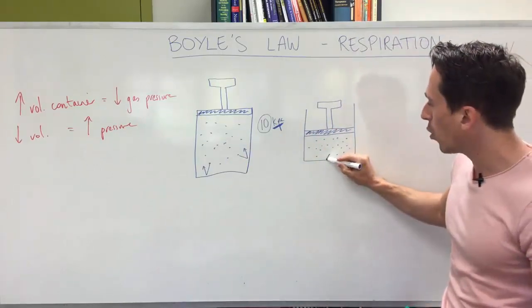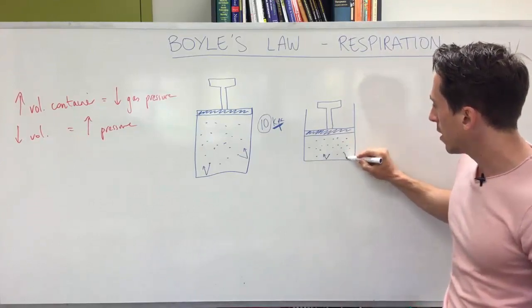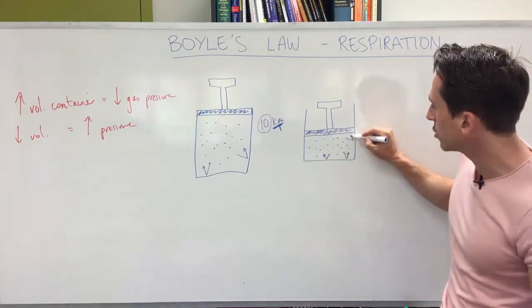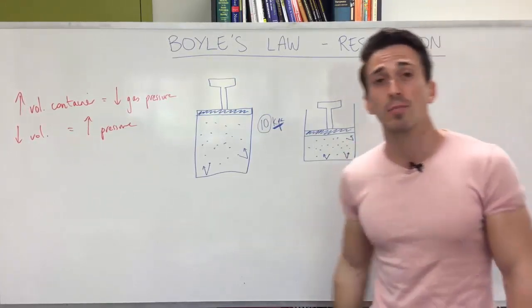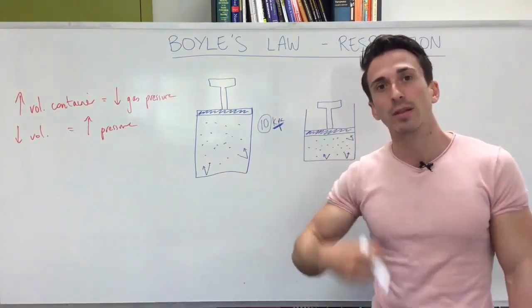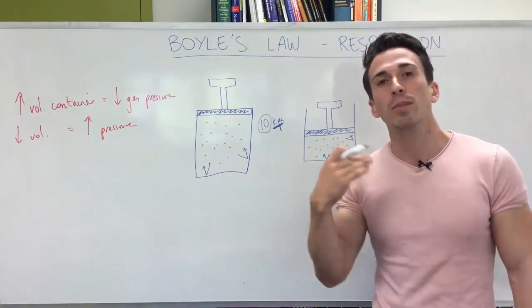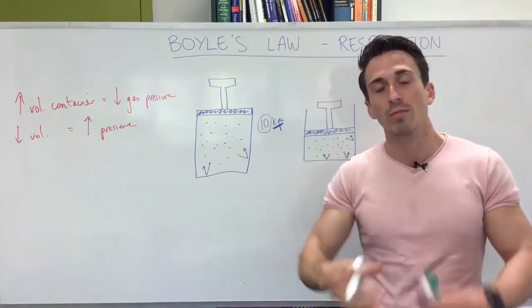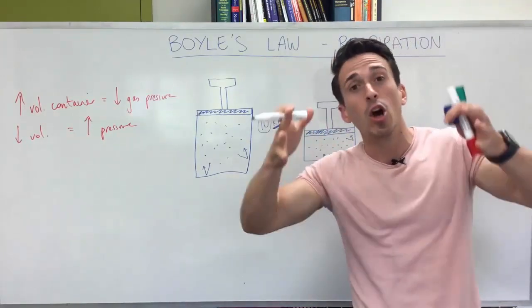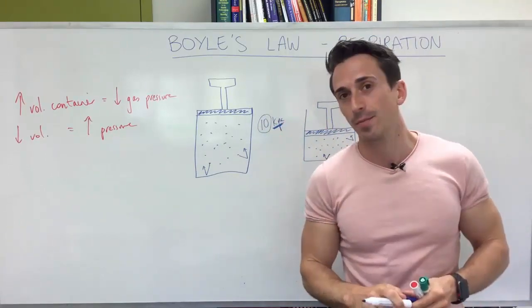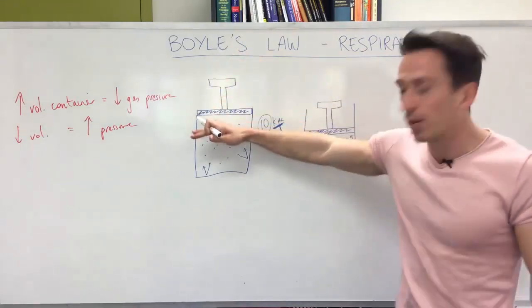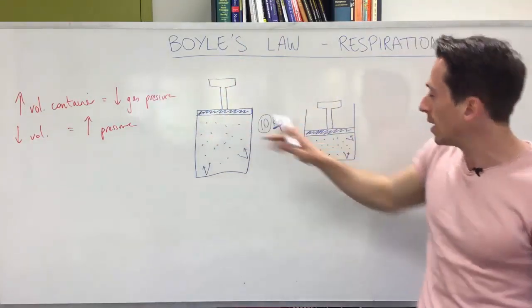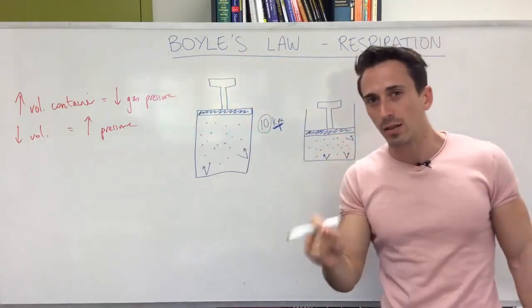So you have more of these reactions in which it bounces off the walls, bounces off each other. And what this does is it increases the pressure inside of that container, because again, pressure is a measurement of the force that's generated by these molecules inside the container on the walls of that container. So this is that inverse relationship. Decrease the volume of a closed container, increase the pressure of the gas within that closed container.